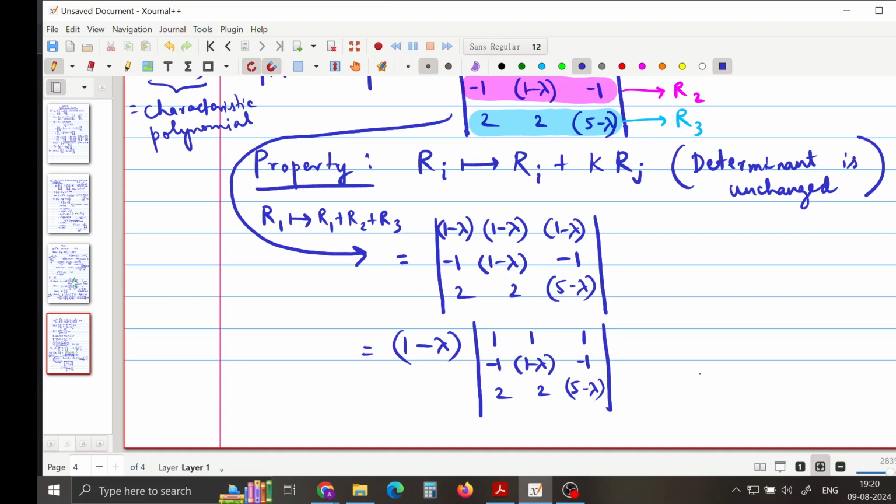All right. Now, on this determinant again, remember my task was to get some zeros. So if I do another row operation, R1 maps to R1 plus R2, then what do I get? I have this constant factor outside, which is fine. The second and third rows remain unchanged.